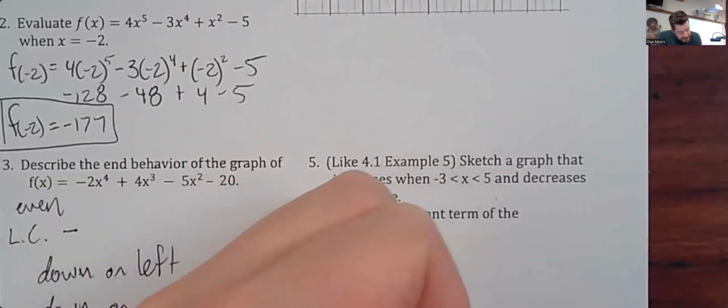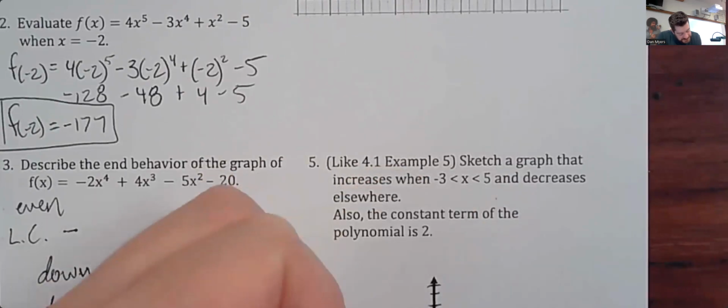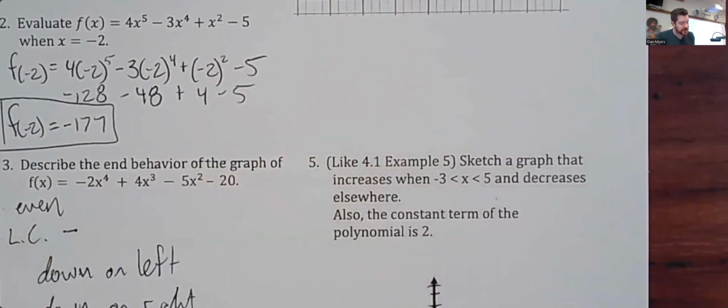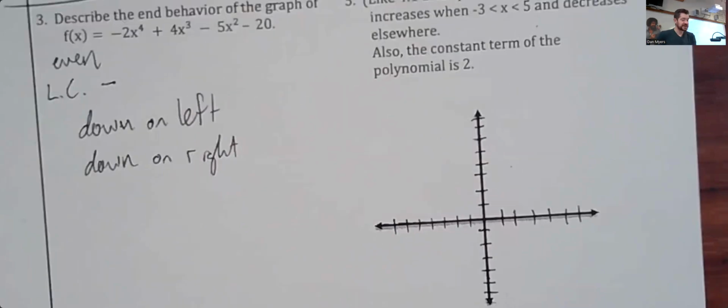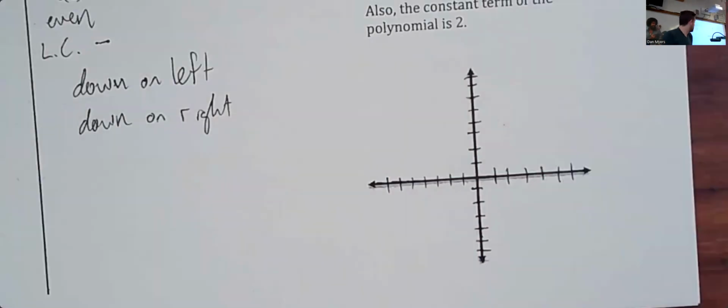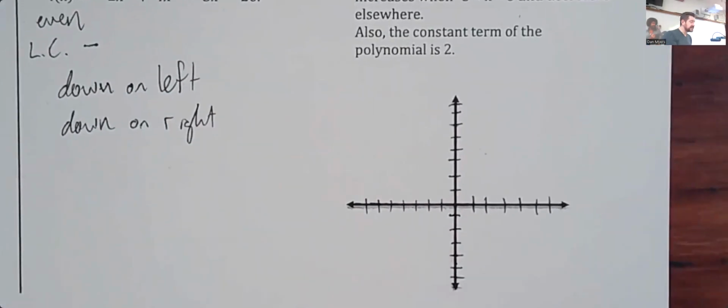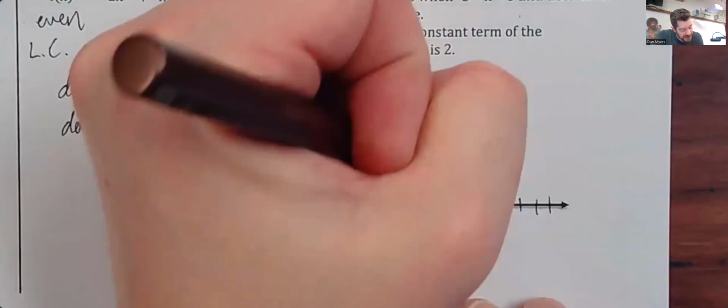I'm just going to put some numbers. It actually looks like maybe there were some numbers on here before. Let's see. 1, 2. We'll just do this kind of thing. Just evenly space some points here, or as best as we can, evenly space some points. The reason why I'm doing this is just because we actually have numbers in here that we can use. So the constant polynomial is 2, which means we have a y-intercept of 2.